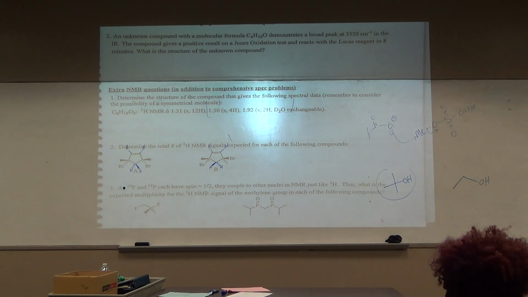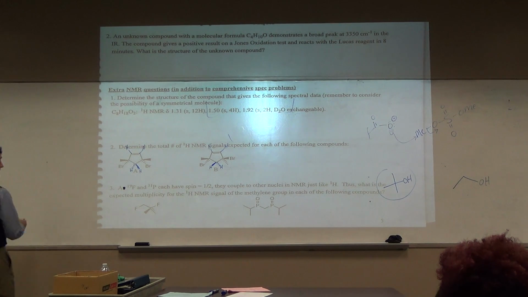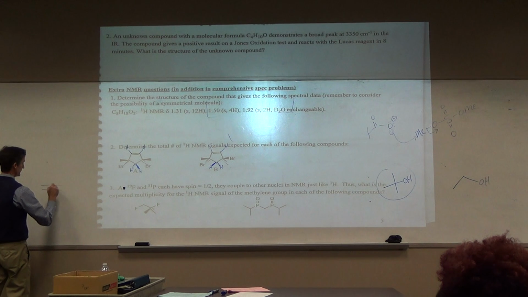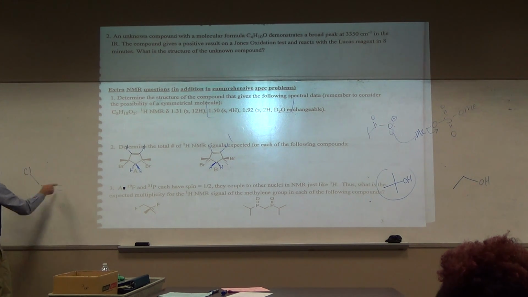We did a couple like that in the worksheet, where it's actually two H's on the same carbon, but they're different here. That's from tetrahedral nature, but we've also seen that, for example, here. There's three H's there. How many signals for the three H's?